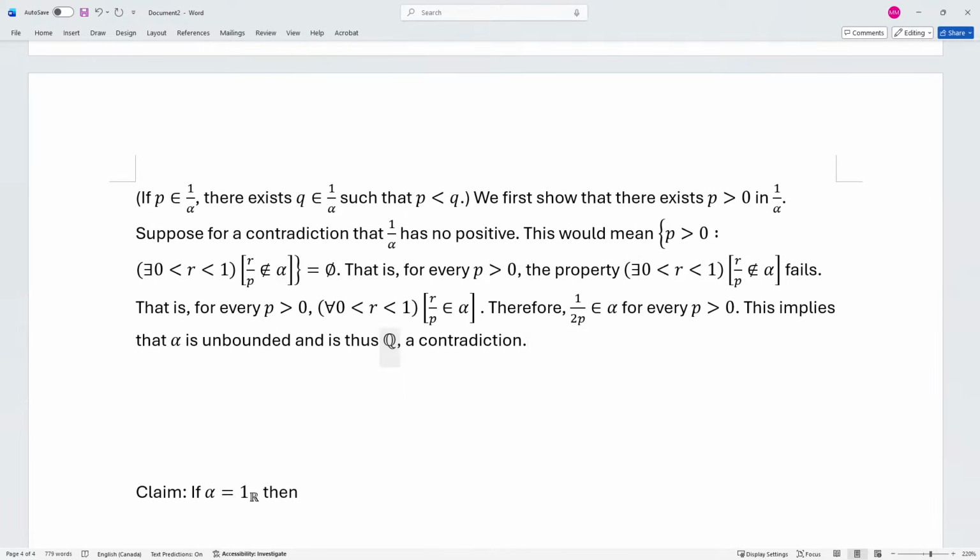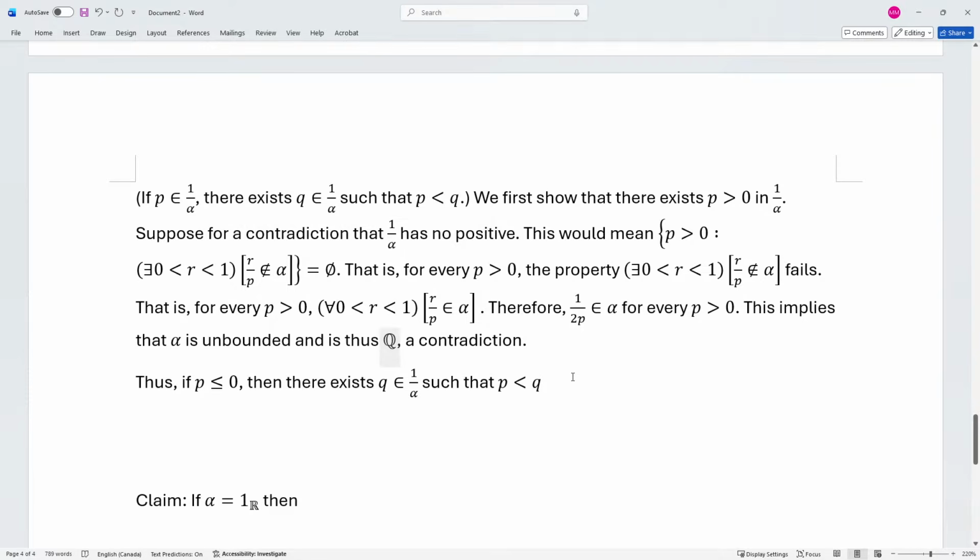Thus, if p is less than or equal to 0, then there exists q in 1 over alpha such that p is less than q.